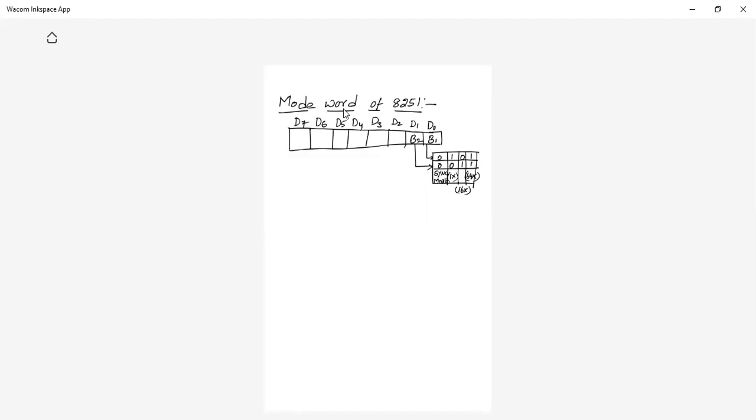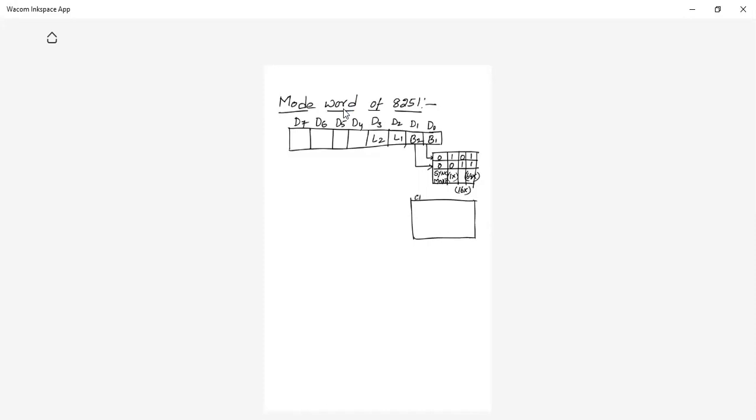So the next one is L1 and L2. I already told you that you can transmit the bits in between 5 to 8 bits per character, right?